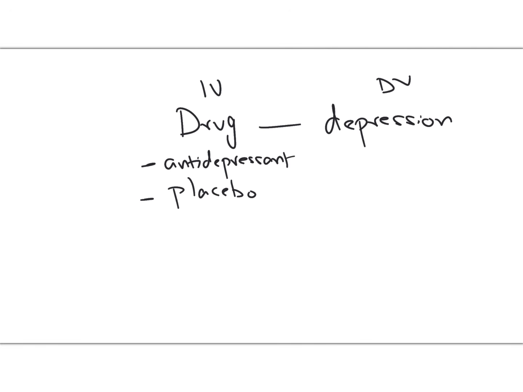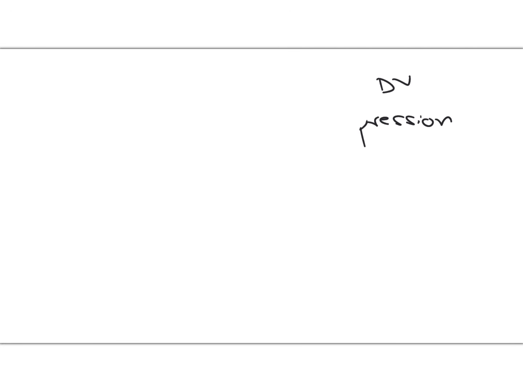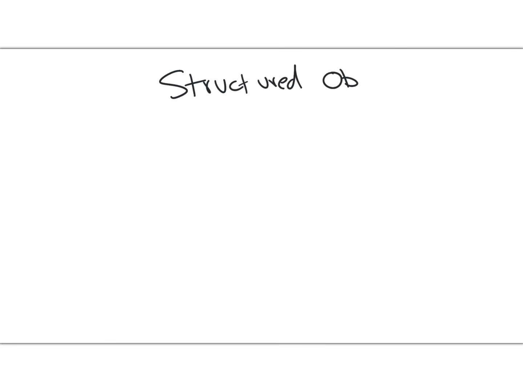Okay, one last thing I want to discuss. So we have to go back to observations for this, specifically structured observations. So remember, a structured observation is an observation where we're using something called a behavioral checklist, right? A list of behaviors. Now, there's something called time sampling or observation sampling.